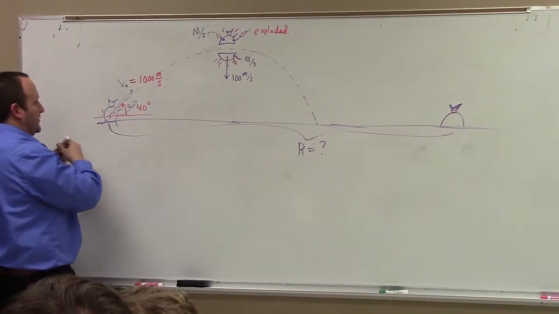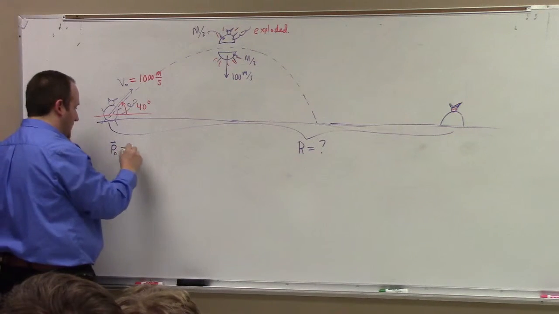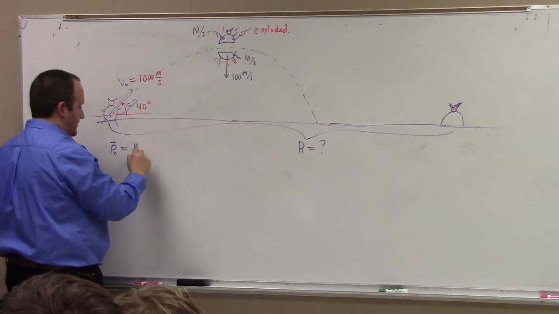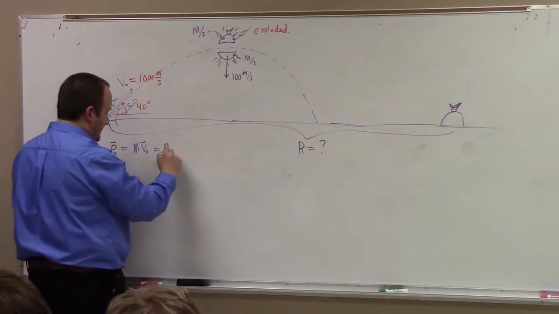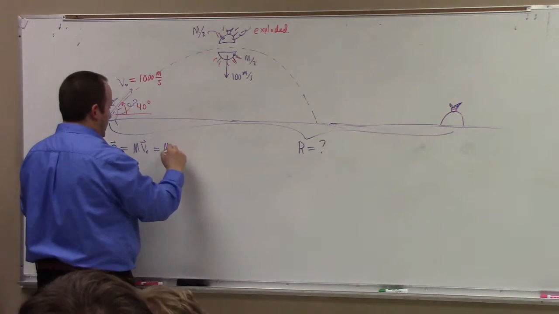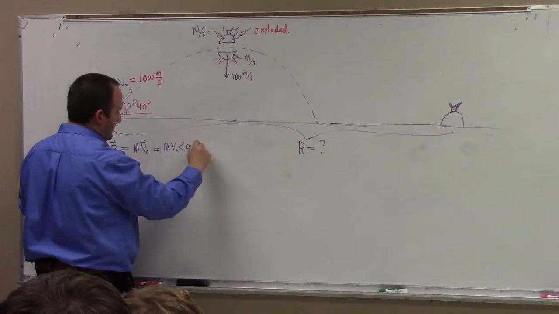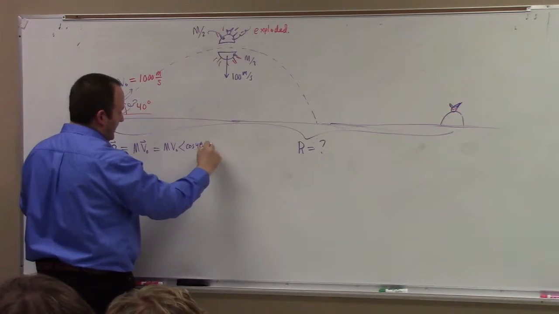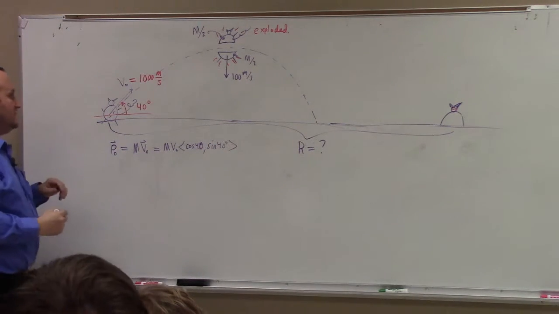So the initial momentum is what? We've got the mass times the initial velocity, right? So that's the mass times v naught times what? You got yourself a cosine 40 degrees and a sine 40 degrees. What's the net external force?